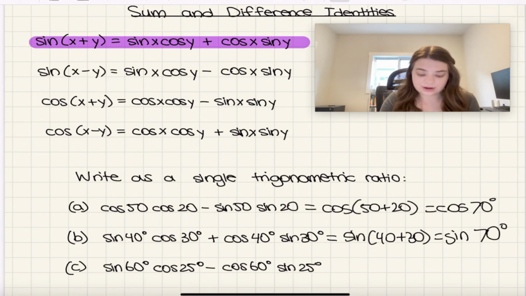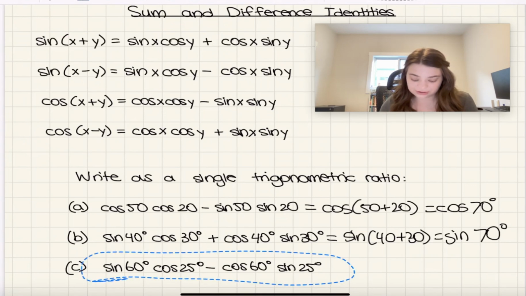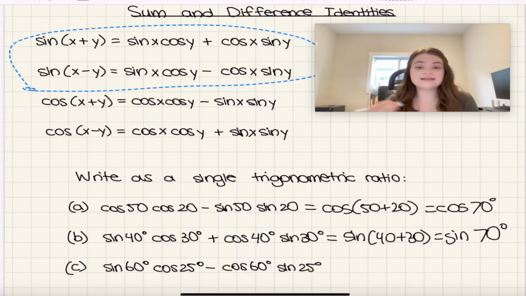All right, and last but not least, same thing with our third one. This one here also has a mix of sine and cosine. It's sine 60 cos 25 minus cosine 60 sine 25. And so therefore, it's got to be one of these two, right, that has a mix of sine and cosine in each term.